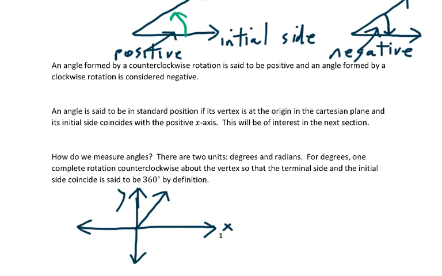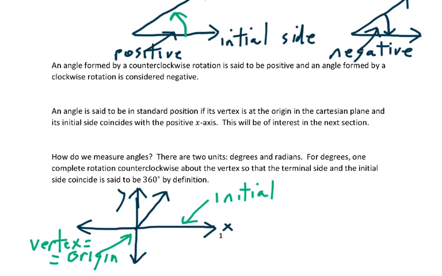Again, because the vertex, let me use a different color, the vertex is the same as the origin. And also, the initial side coincides with the positive x-axis. So that's what we mean for an angle to be in standard position. And that's going to happen a lot because we're going to define trig functions of arbitrary angles that are in standard position.